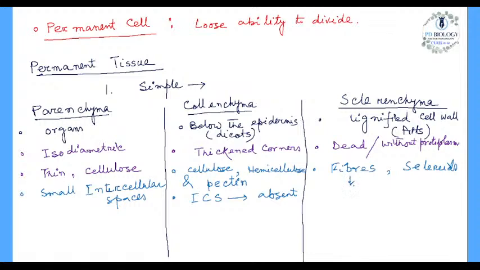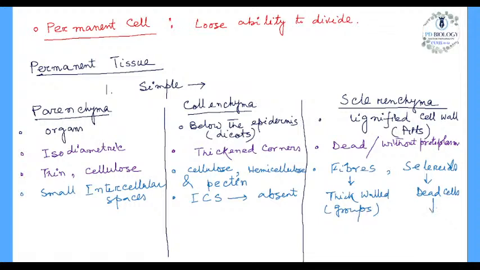And in sclerenchyma, the fibers are very much thick walled, elongated with pointed ends, and occurring in groups. And the sclerites are spherical, oval, cylindrical, highly thickened. These are dead cells with very narrow cavity or lumen.